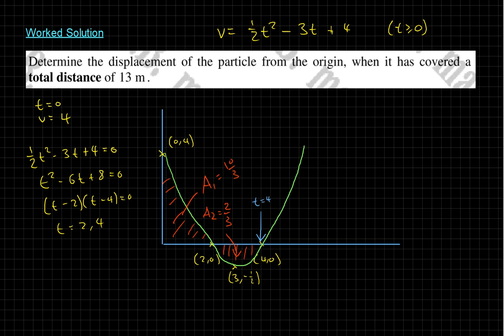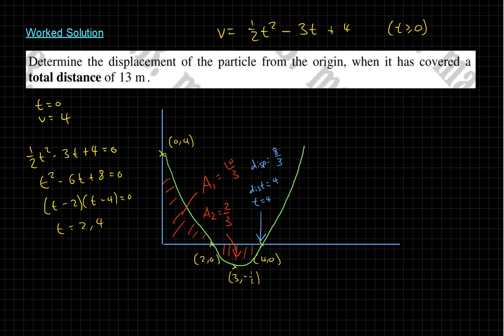Okay, the distance is what? It's the sum of those two areas. It's 12 over 3. And the displacement is going to be equal to the first area, A1, minus the second area, 2/3. So that's 8 over 3. Now 12 over 3, that's just 4. So let's change that to 4.